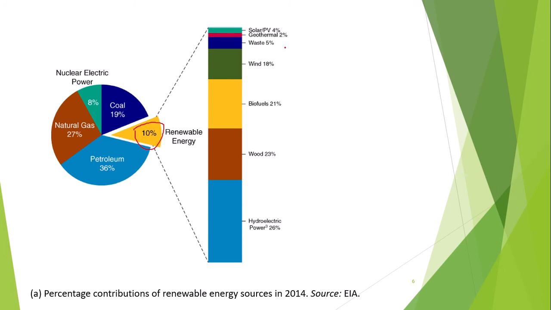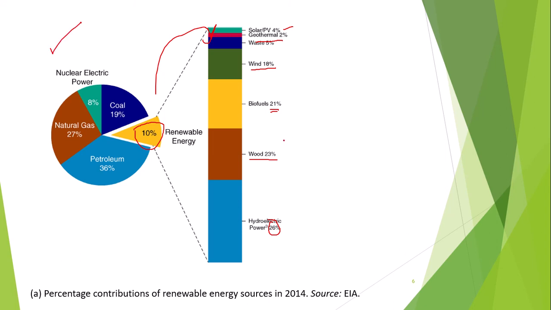From 10%, it is divided into different sources: solar, geothermal 2%, wind 18%, biofuels 21%, out of 10%, and wood 23%, hydroelectric is 26%. So this is the percentage contribution of renewable in USA. This is the energy mix of USA.